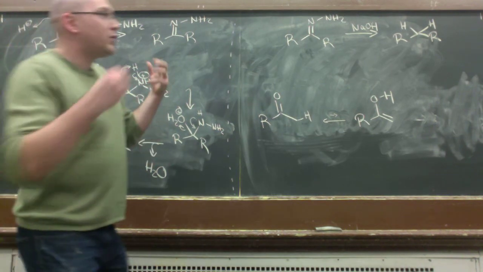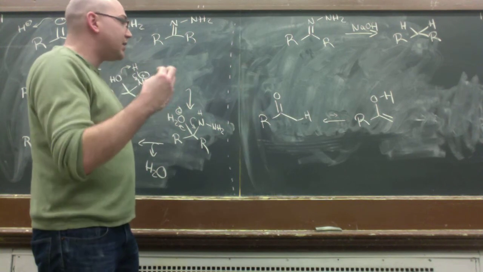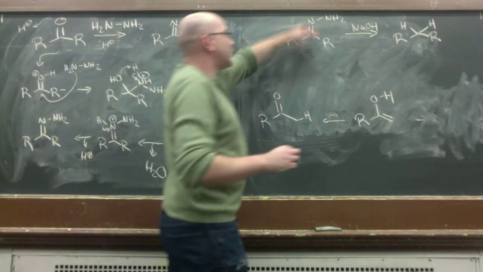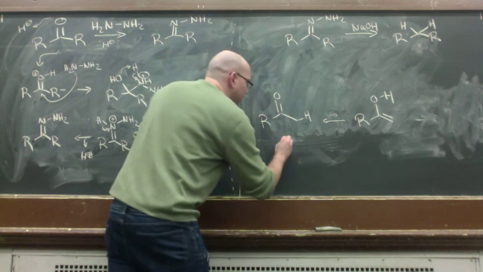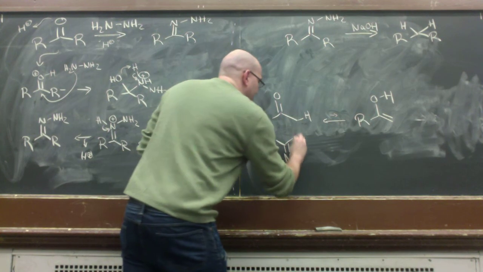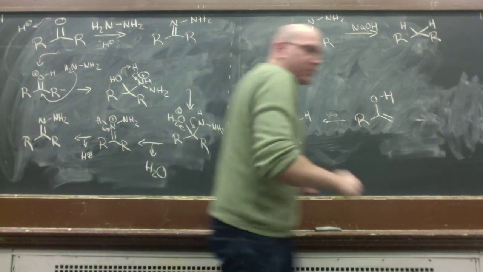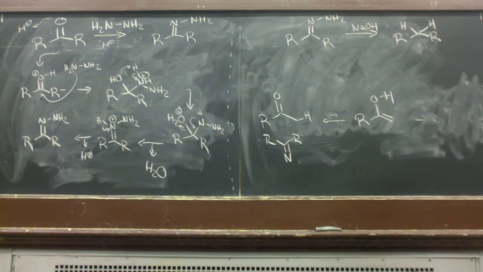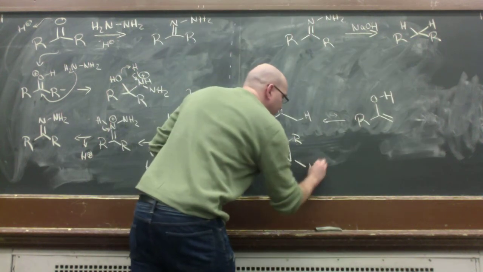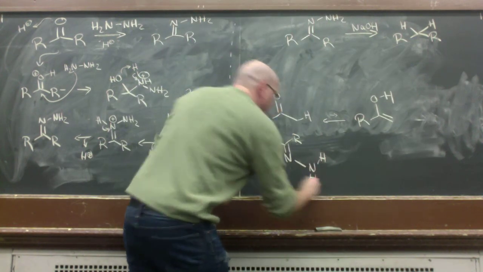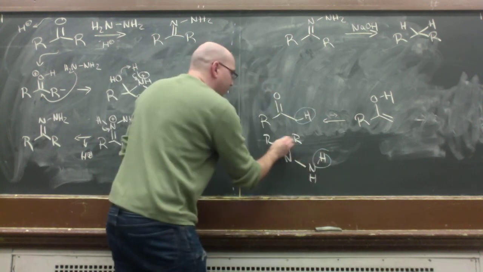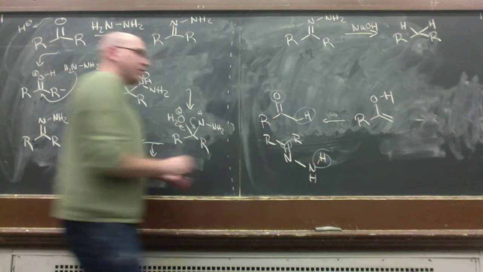Great. So now what I'm going to do is draw the analogy here. If I just sort of flip this over a little bit, we can sort of view this hydrogen as being this hydrogen, and that carbon there sort of being the carbonyl.